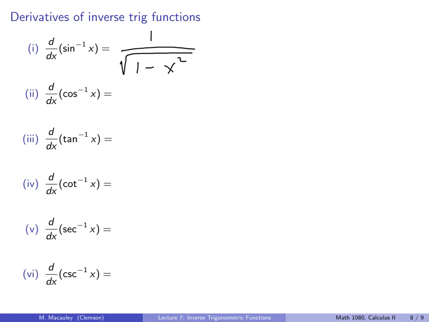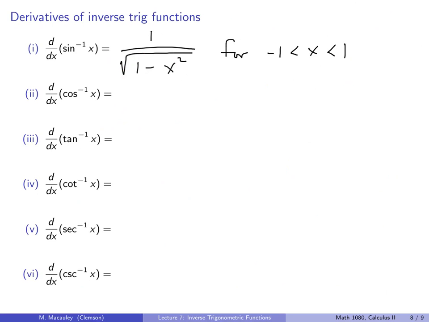This square root can't be 0, it would be dividing by 0, so it has to be strictly greater than 0, so x has to be strictly less than 1 in absolute value. So this is going to hold for x between -1 and 1.